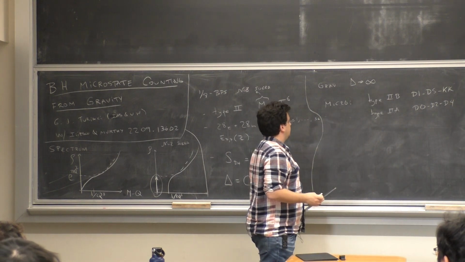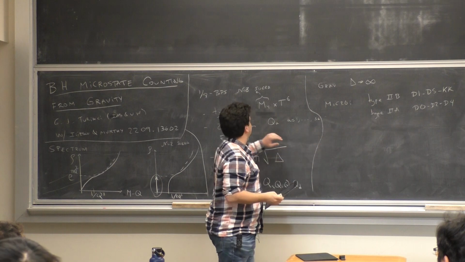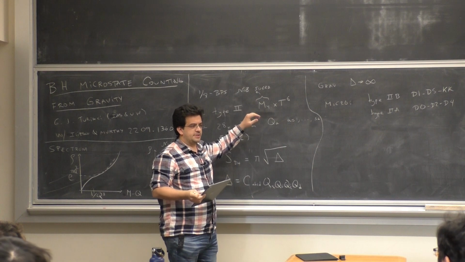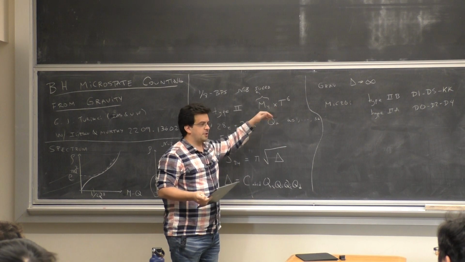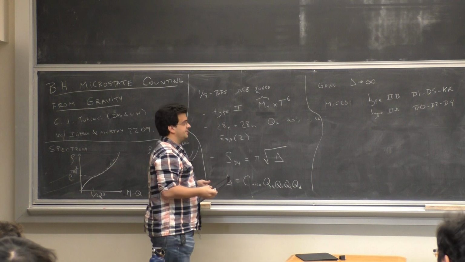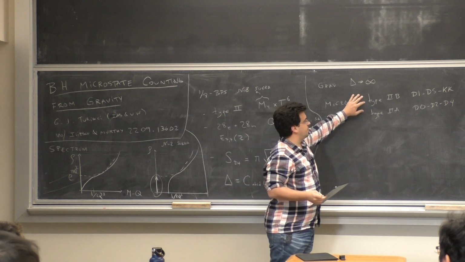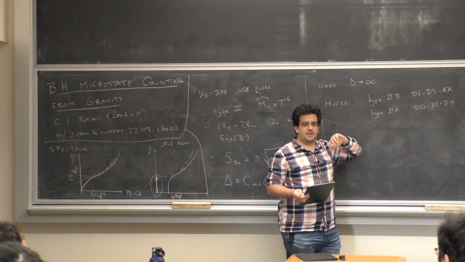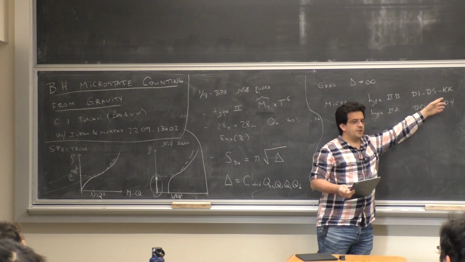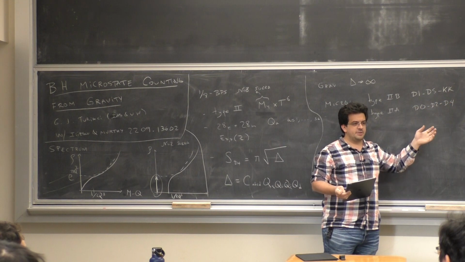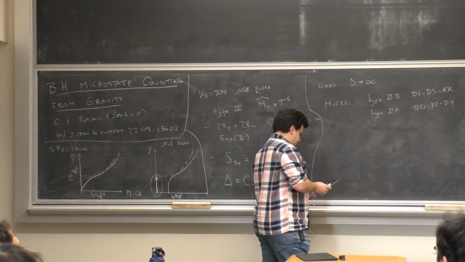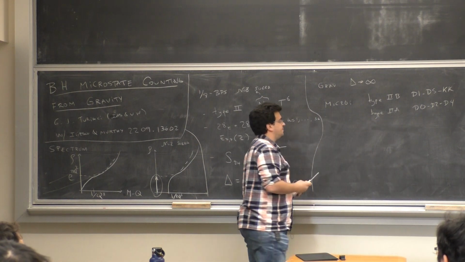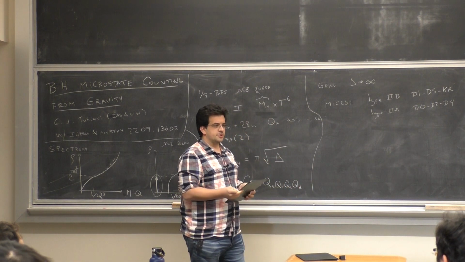We will actually use the type 2A frame, and the way these D0, D2, D4 appear in 4 dimensions is that the charges are under some Ramond-Ramond fields corresponding to D0, D2, D4 branes wrapped on T6. But the counting is usually done in type 2B, where you have the D1, D5 brane system, which is a black hole in asymptotically flat 5D space, and then that is put at the center of a Kaluza-Klein monopole to make it effectively 4-dimensional. The calculation we will do in this frame. And then these black holes have an AdS2 × S2 horizon.